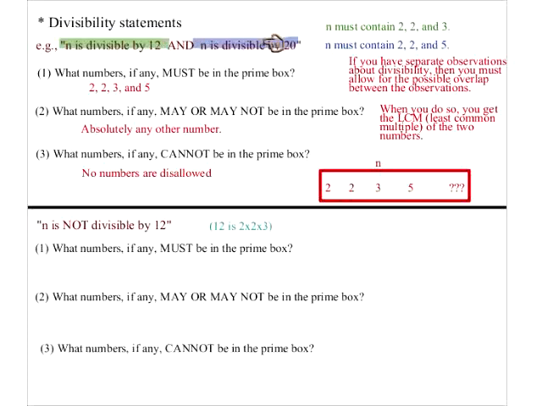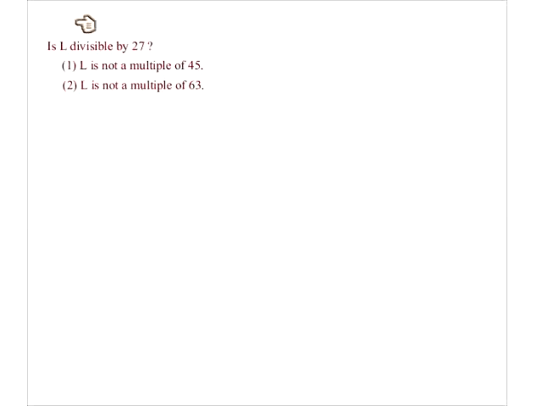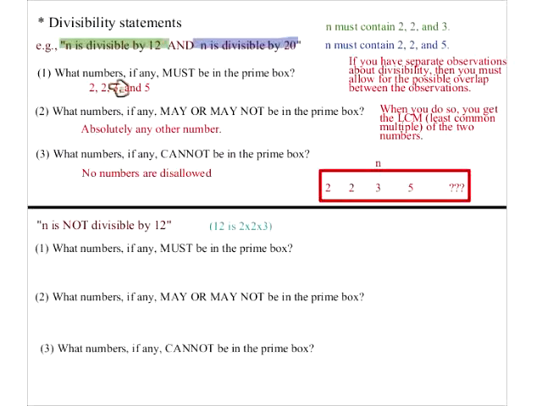This is the same number both times. This is n and this is also n, but we're making observations about the same number twice. So it's not 2 separate numbers. Maybe check those notes again real quick and type a question if you get that.